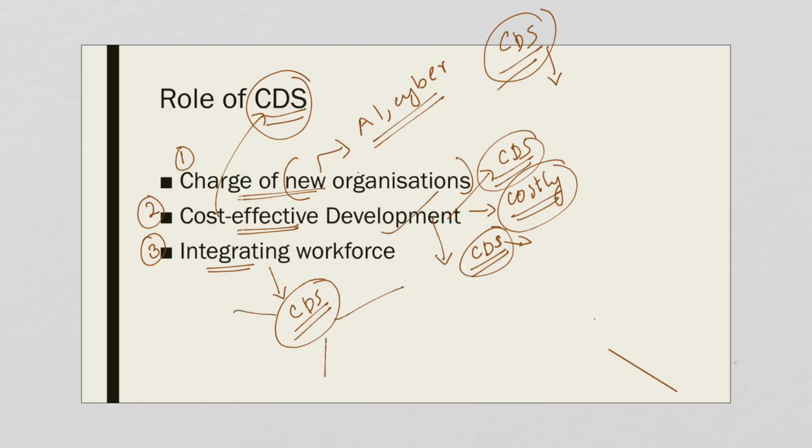So, this position makes it the most suitable position for the integrated application of warfighting resources, and it can also facilitate unitary control in the integrated operations. So, the role of the CDS can be well utilized in integrating the workforce of the three services. So, these are the possible roles that can be played by the CDS.